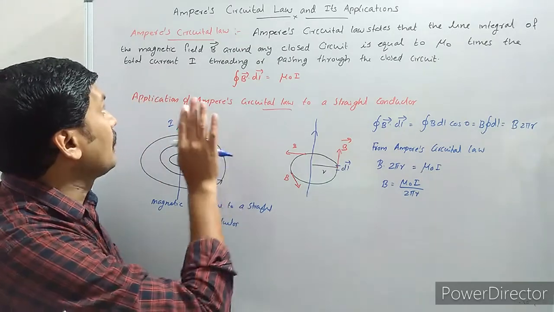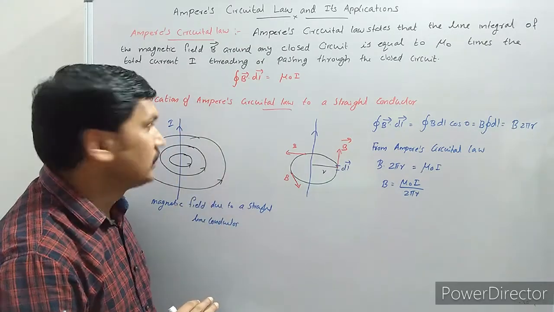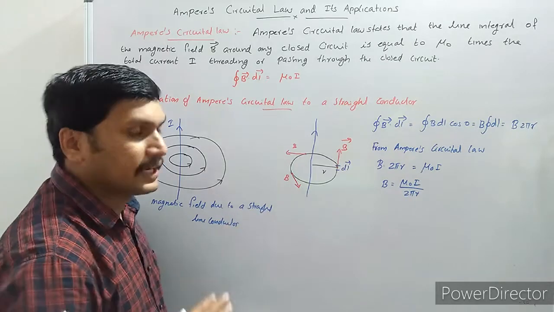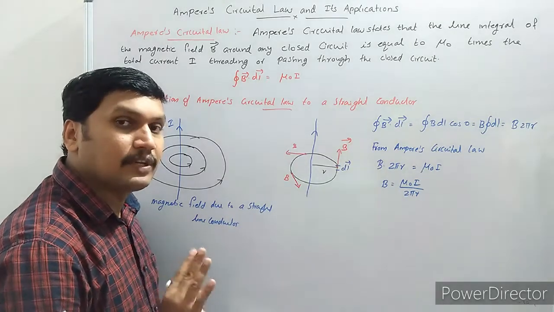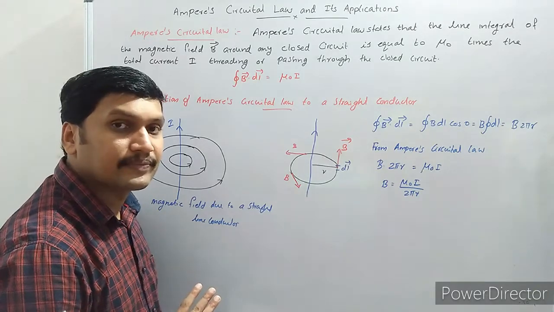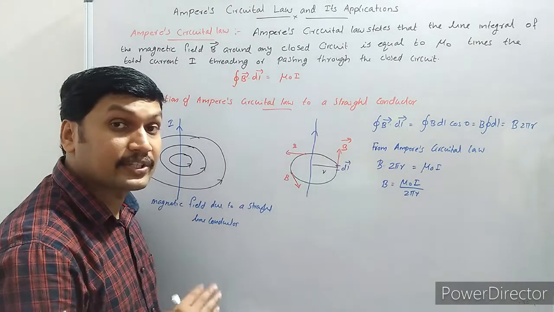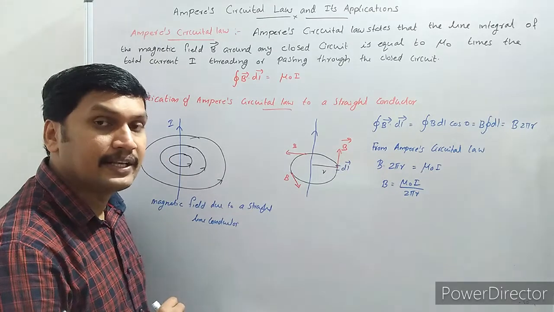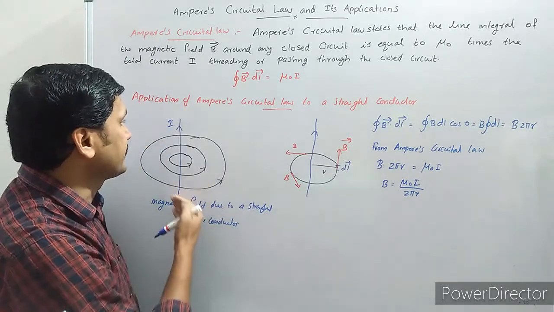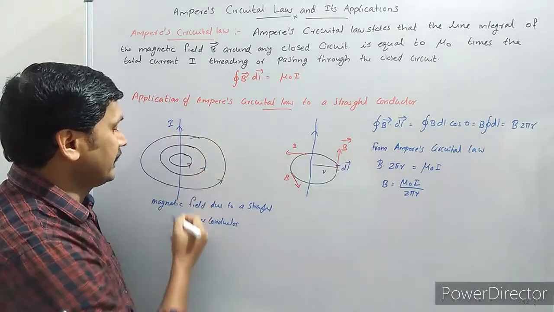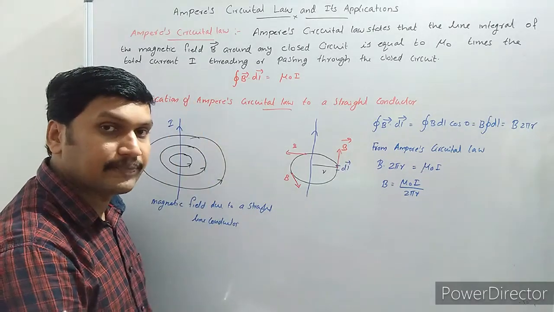Now, let us see how to apply this Ampere's Circuital Law for a straight line conductor. A current carrying straight line conductor will produce a magnetic field. First, let us see the nature of the magnetic field produced by a straight line conductor. Here we have a straight line conductor of infinite length.